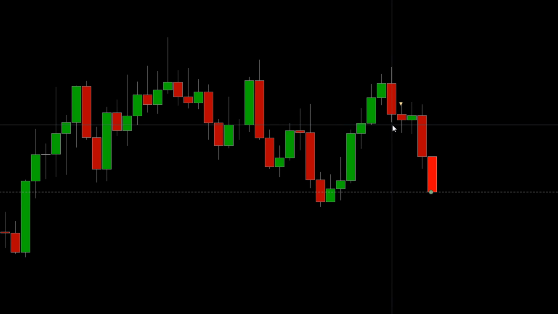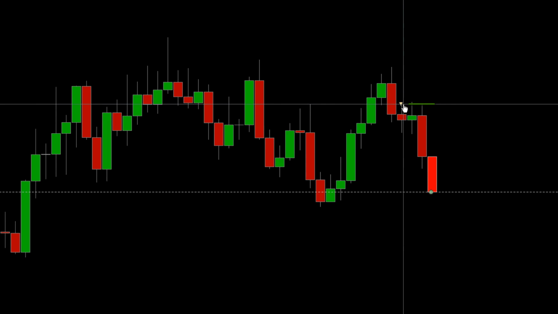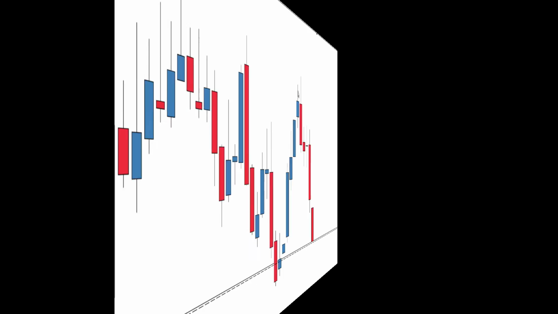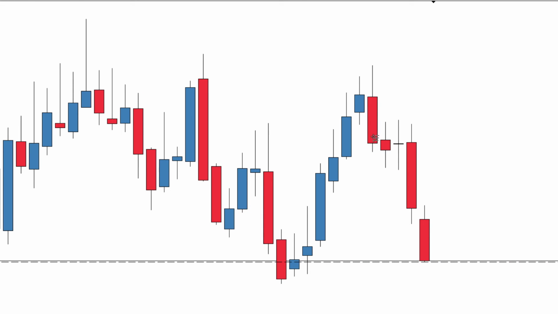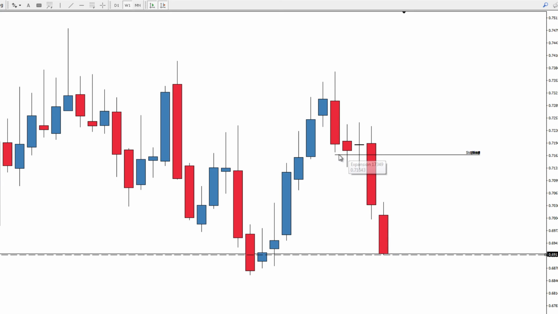So on a classic standard account, I have set a sell stop below this candle, but in that case I have put a sell stop right here, stop loss above here, and take profit here again. Okay, so now let's take a look at the difference between these two from a risk reward point of view. So here was my first entry on a standard account, and a stop loss above here and take profit right here.